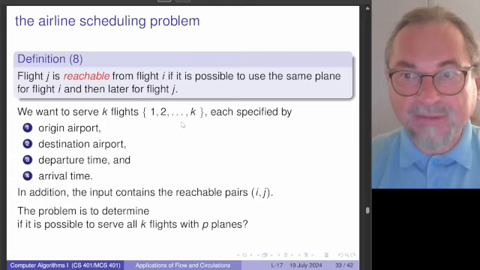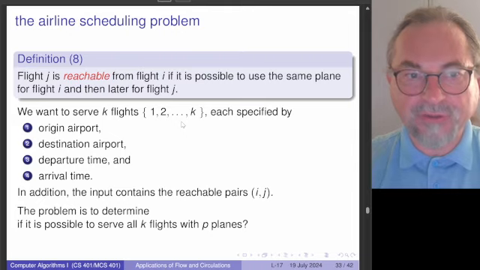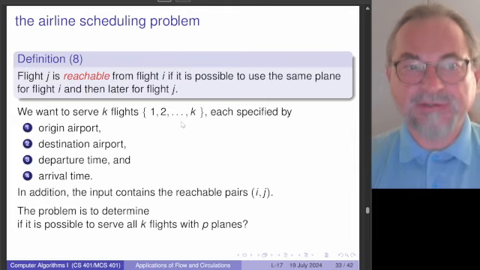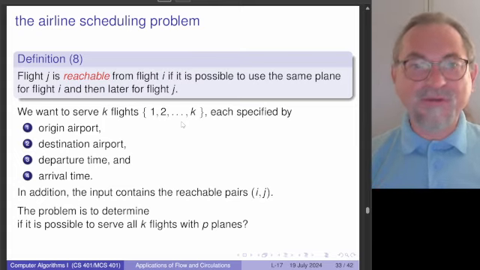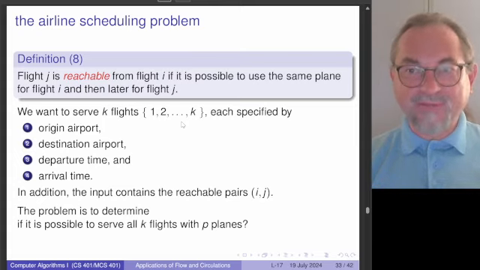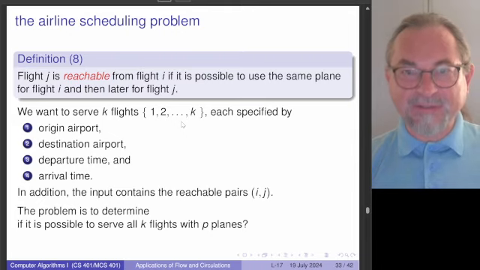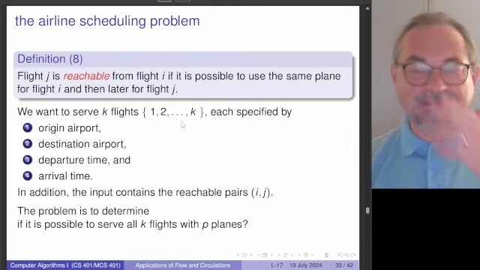And we also have the edges in our graph. The vertices are the origins and destinations. In some sense, this is a two-dimensional problem. Every vertex has coordinates in time and in space.